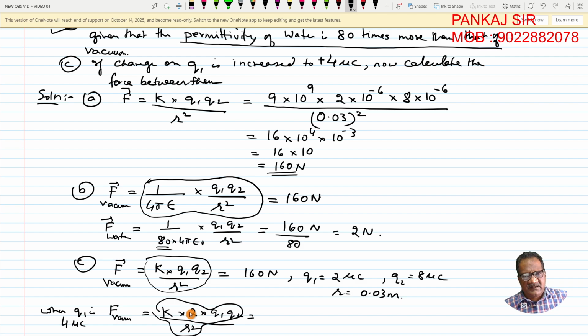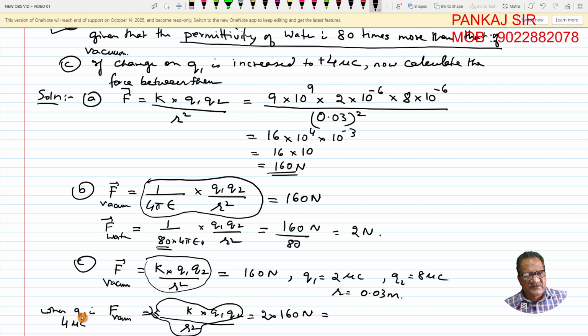So this factor is 2. Let me write this here. So it will be 2 times this value, which we had already got.